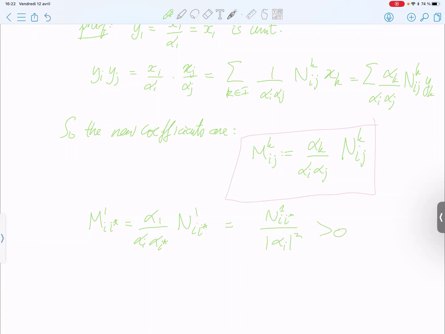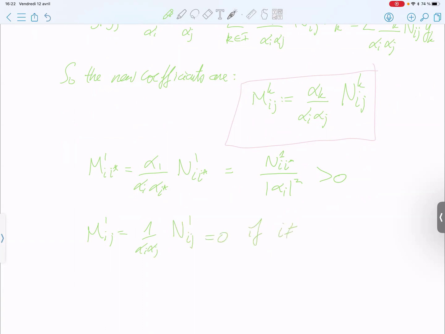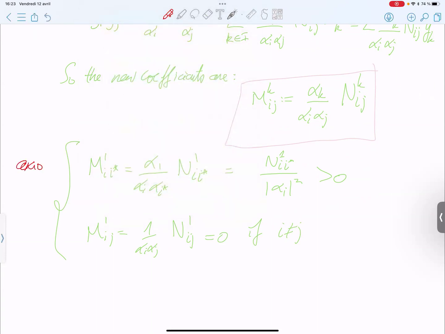So this is what we wanted to prove, the first axiom. And the second axiom is m_ij1 is 1 over alpha i alpha j n_ij1, which is 0 if i is different from j. So it's okay.